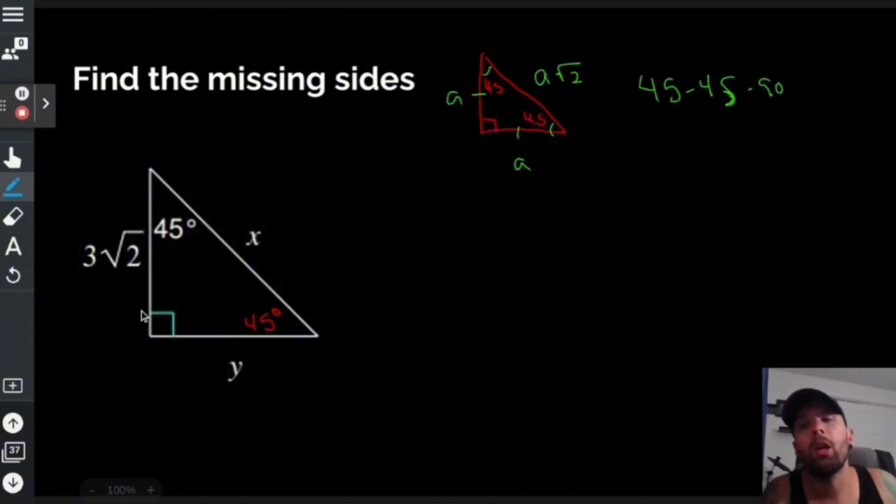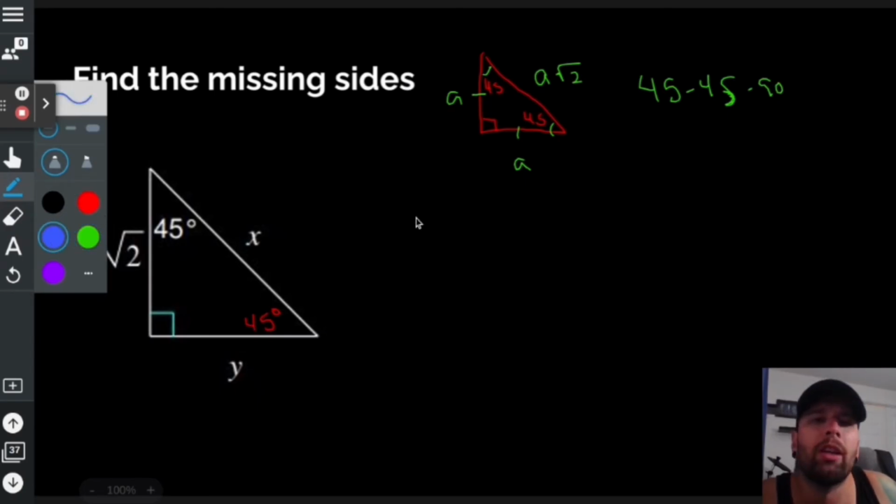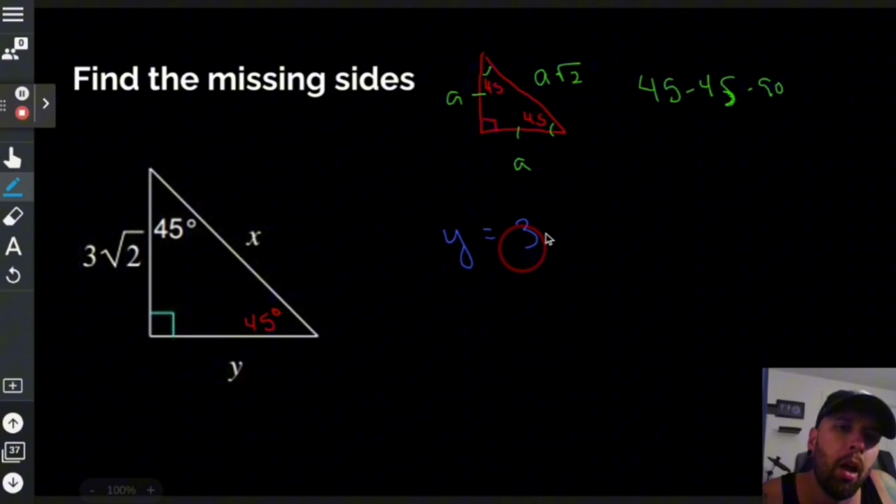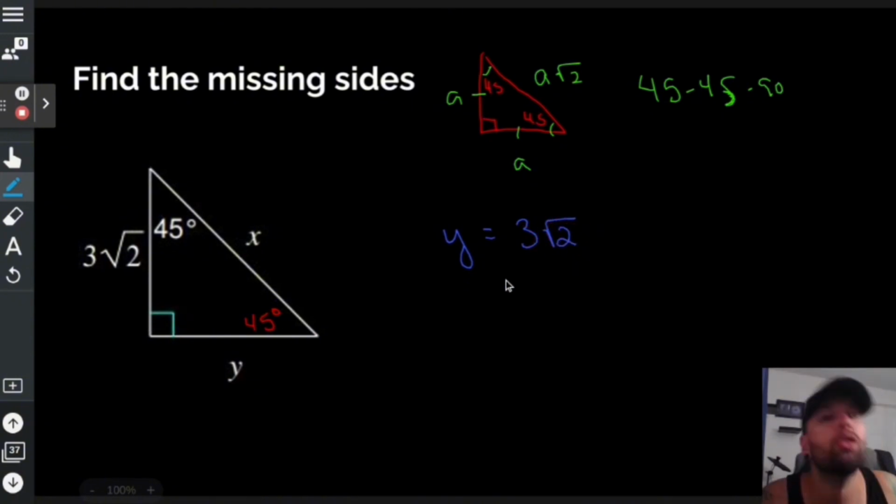So your leg is 3 root 2. What is y? The same exact thing. Y is going to be the same as that, so y is also 3 times the square root of 2.